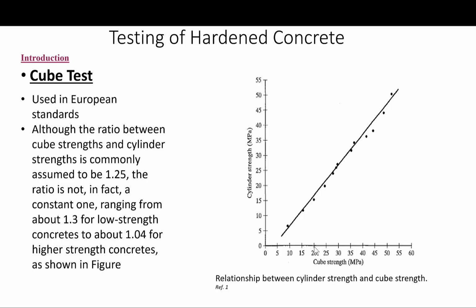We discussed this in the previous module, and we will discuss it again here. This leads to a higher strength value when measured on a cube basis rather than on a cylinder. Keep that in mind.